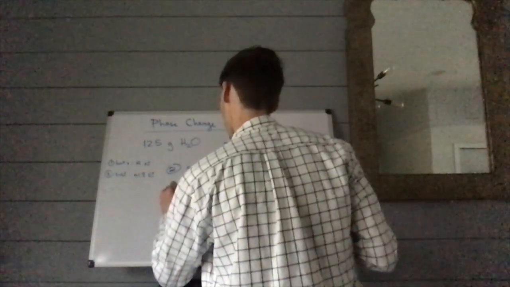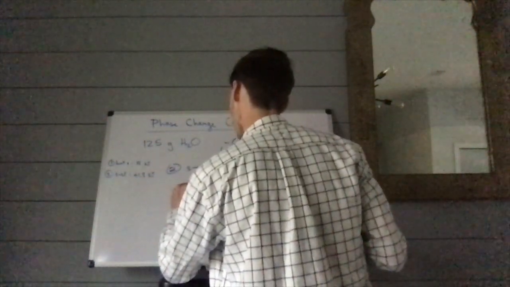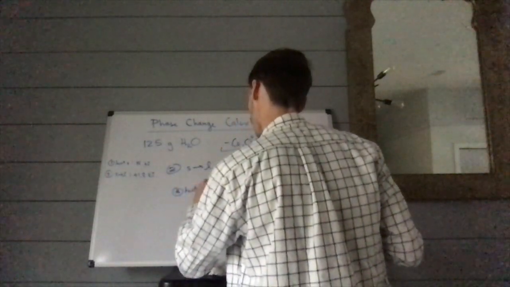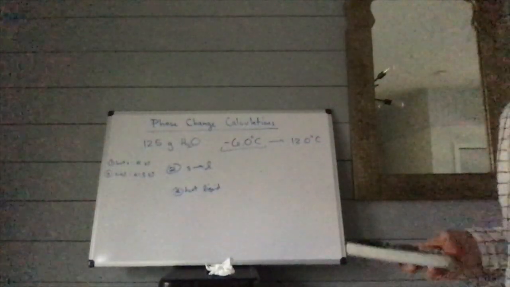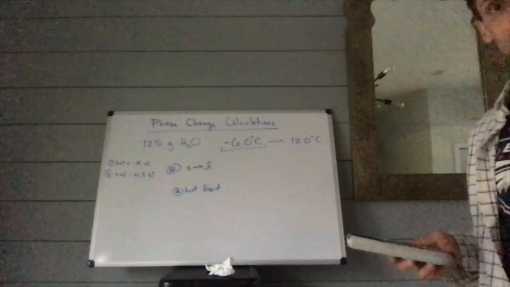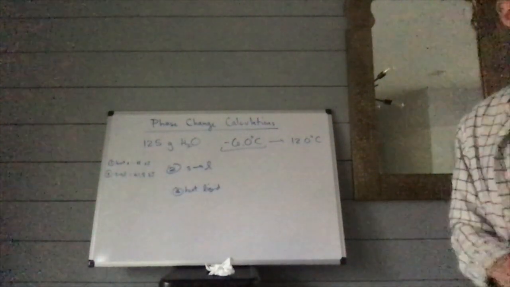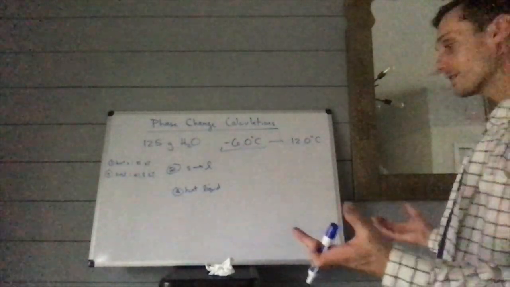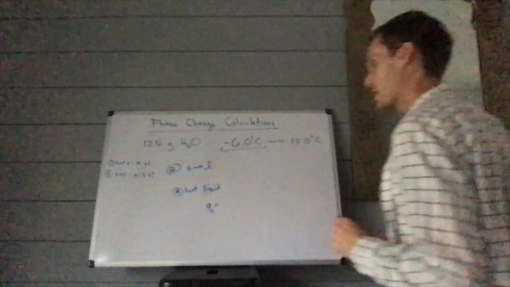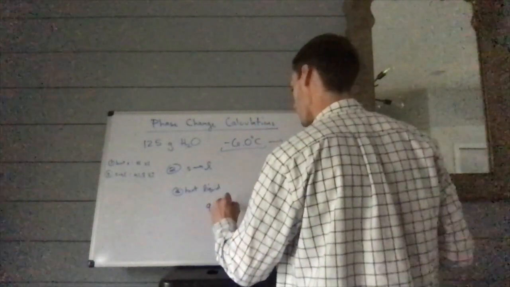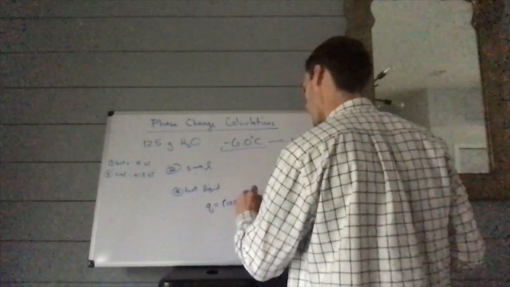Okay, so that is the second step. And then the third step, where we heat our liquid. Again, now it's just heating the same state. We're just a liquid. It's not changing states. So when we're heating the same state, all we're going to use is Q equals M times C times delta T. So we will still have 125 grams.